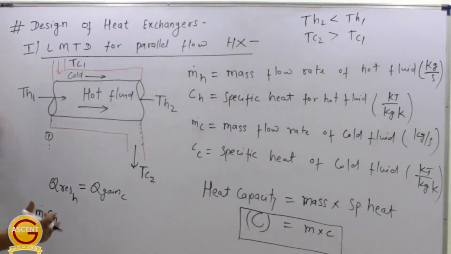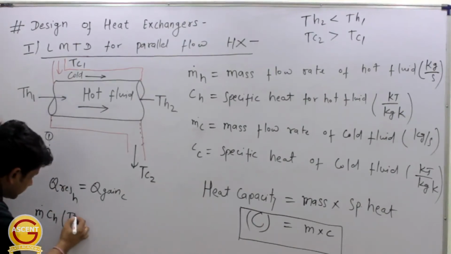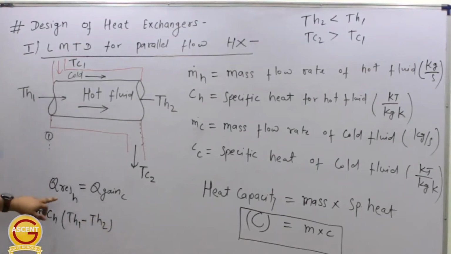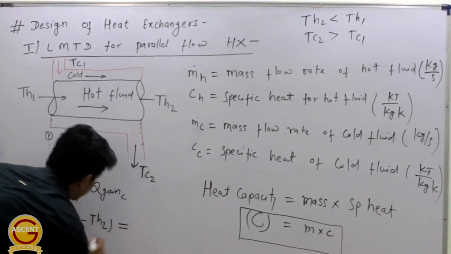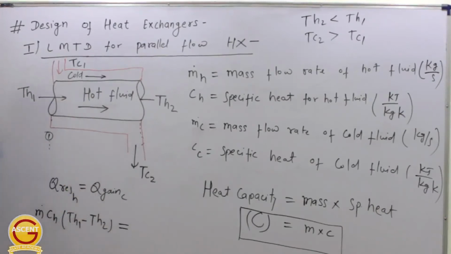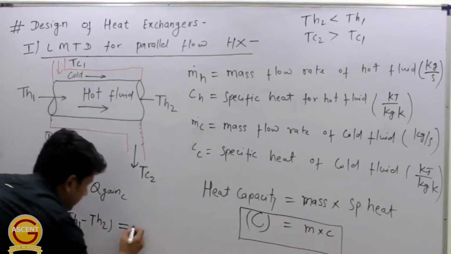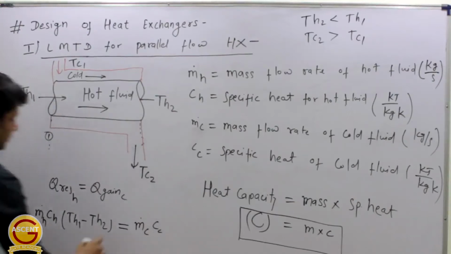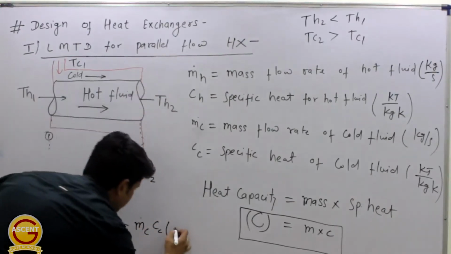So to avoid the negative sign in this equation, I am writing this as TH1 minus TH2, because I have written the rejected heat, and TH1 will be greater than TH2. Now this is the heat rejected by the hot fluid and it should be equal to the Q gained by the cold fluid. So that equation will be m dot h Ch into TH1 minus TH2 equals m dot c into small c multiplied by Tc2 minus Tc1.